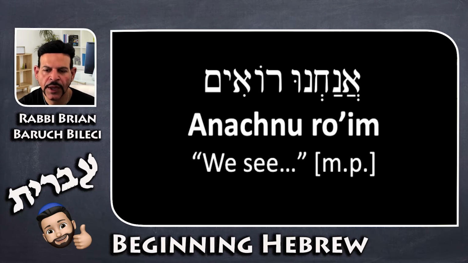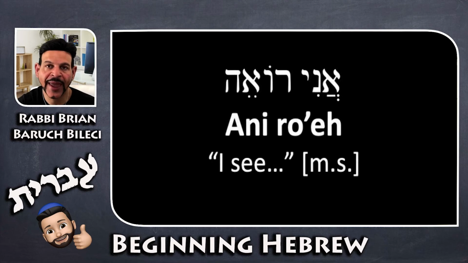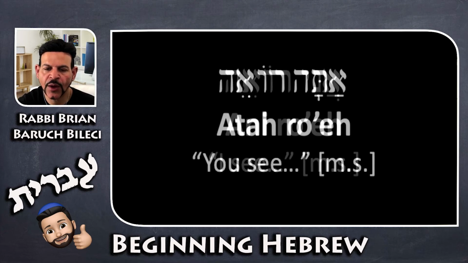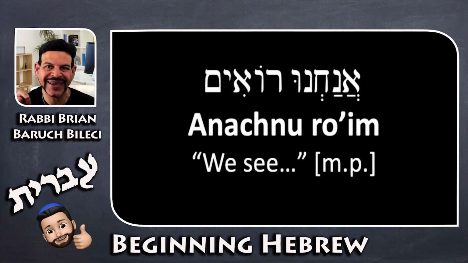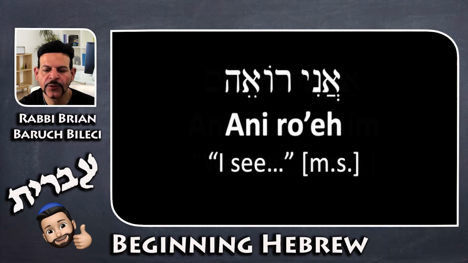Anachnu. What will be the masculine form in plural? Ro'im. So we go from ani ro'eh and also ata ro'eh to anachnu ro'im. Notice the suffix im at the end of the root to see. Ro'im. Not ro'eh, but ro'im.